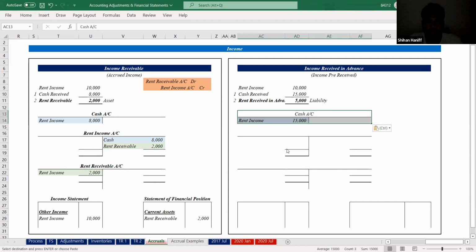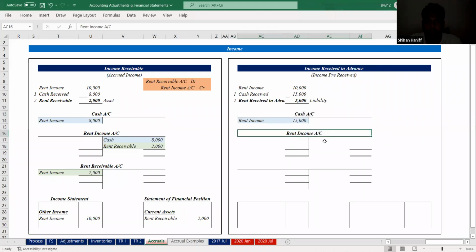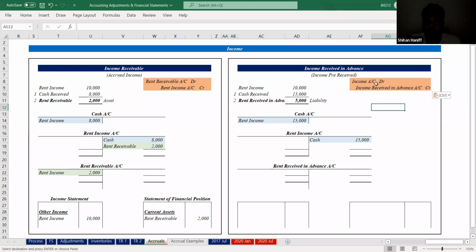Right. Double entry, cash account debit. Then rent income account credit. 15,000. This is rent received in advance. Double entry is income account debit, advance account credit.